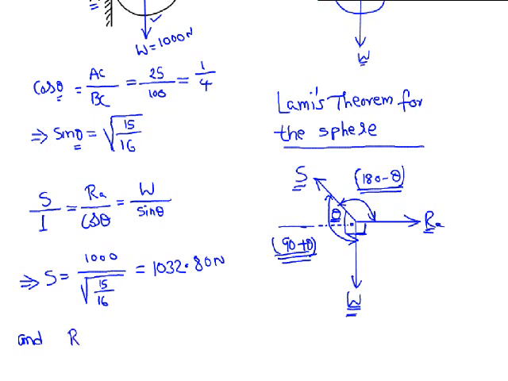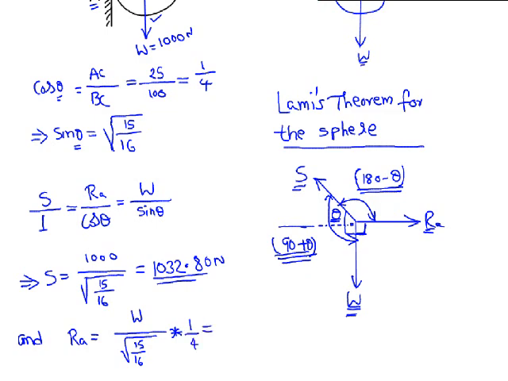And we can write RA equal to W over sine theta, which we have already computed to be 1032.8, multiplied by cos theta, which is 1 over 4.